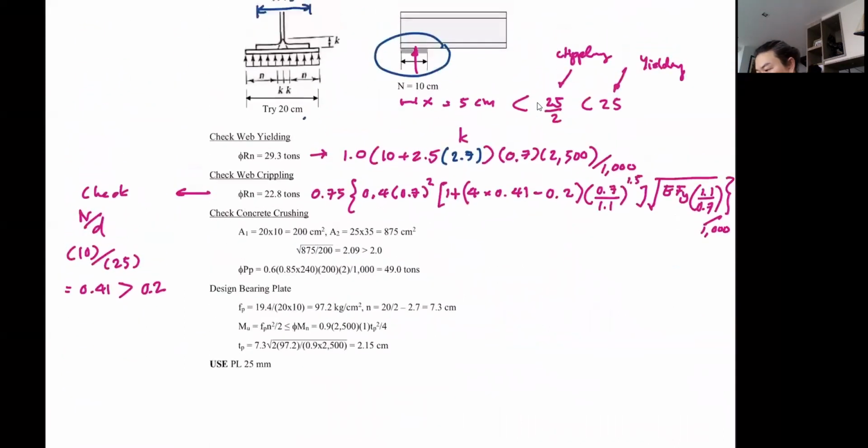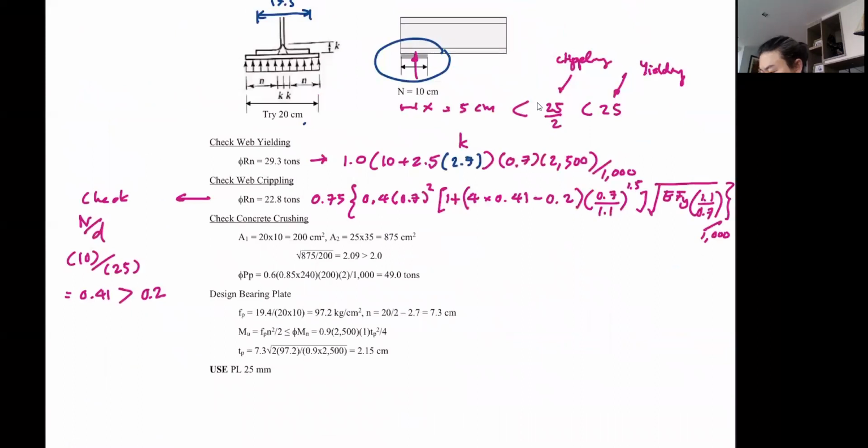So your A1 now becomes 20 by 10. Let me try to draw this. Say this is your concrete beam, and this is your steel. I should have drawn this from the beginning. What I said before was not quite accurate.